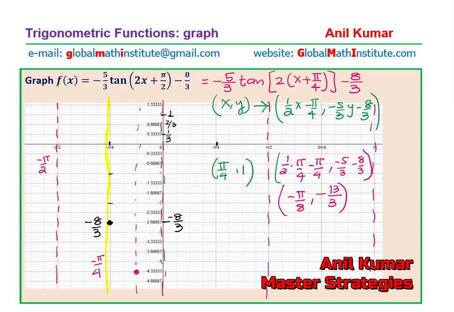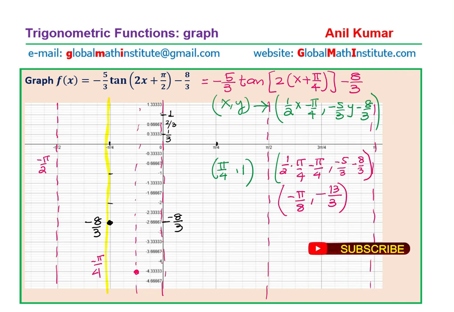Similarly, the other point, because we know it is 5 by 3 up. So we can go 5 by 3, 1, 2, 3, 4, 5, correct? And we get this point right there in the center. So the other point you can also calculate, which will be for minus pi by 4, minus 1. Let me write in green. Minus 1, right?